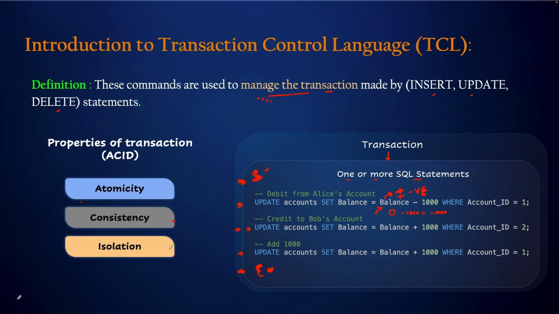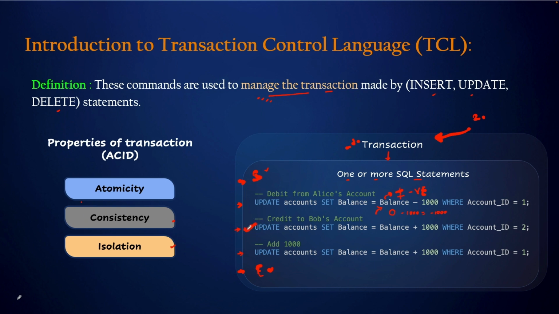Isolation. A transaction has to be treated as an isolated transaction. Just imagine we have this transaction and you have one more transaction, and these are similar transactions. So this transaction cannot see the intermediate state. Let's say this state.